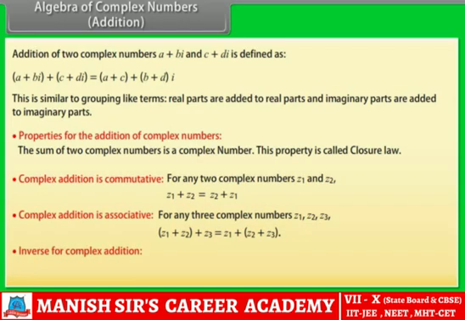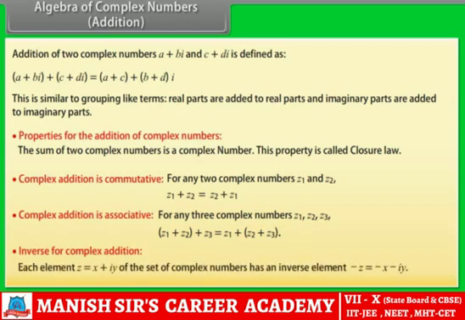Inverse of complex addition. Each element Z equal to x plus iota y of the set of complex numbers has an inverse element. Minus Z is equal to minus x minus iota y.